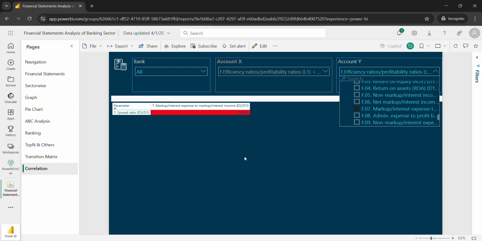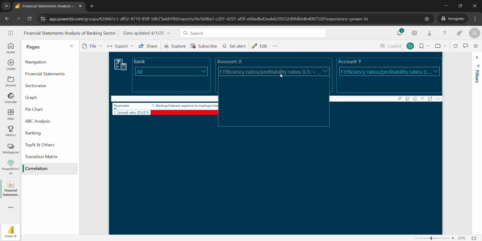These two ratios form an exactly inverse relation: the markup expense to markup income ratio, and the spread, which is the net income that you generate after meeting the markup expenses. So it is exactly the inverse of the spread. That's why it's showing a 100% decline.